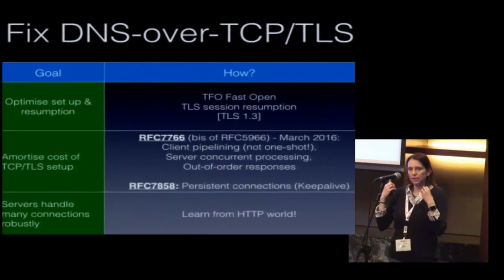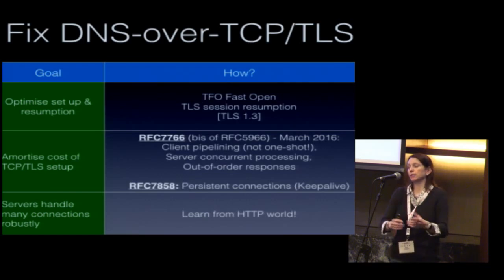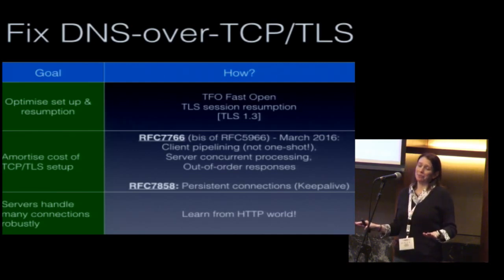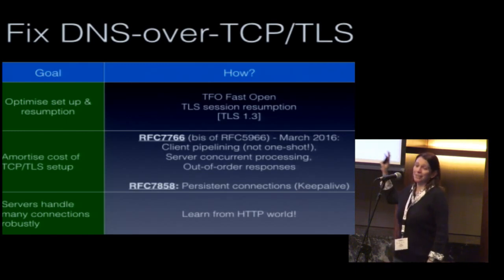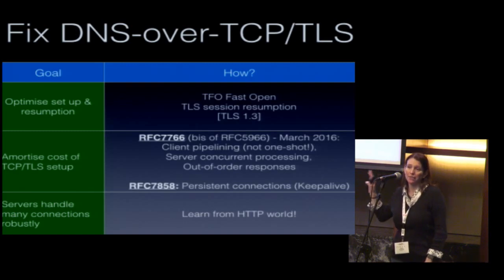You want to recommend that clients, once they have a connection open, they pipeline their queries over it, not waiting for responses, just send them, that when the server gets them, it actually processes them concurrently, not serially, and that when it gets the responses, it sends them as soon as it gets it. Now that all sounds really obvious, but that is not what DNS implementations have done historically. So work was done to ensure that in the standards, this was how implementations should mature moving forward.